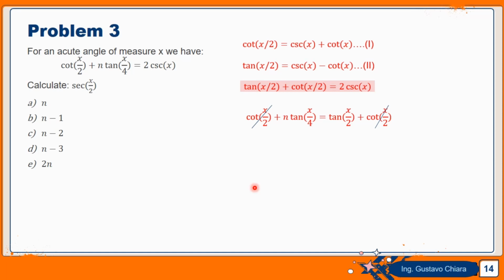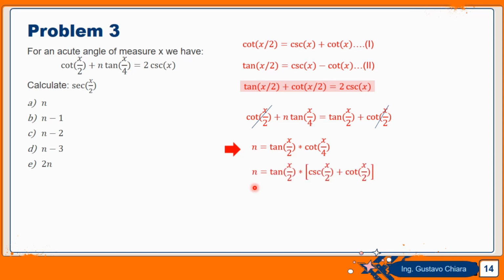So it means that the cotangent of x divided by 2 plus n tangent of x divided by 4 is equal to tangent of x divided by 2 plus cotangent of x divided by 2. So on both sides, we can eliminate the cotangent function and get this, that the letter n is equal to tangent of x divided by 2 multiplied by cotangent of x divided by 4.